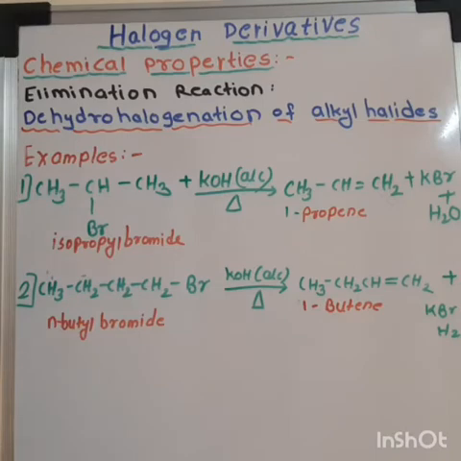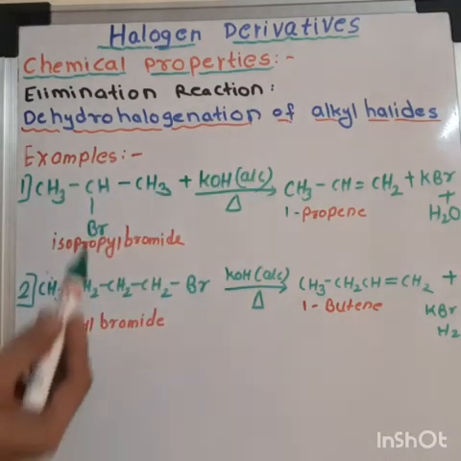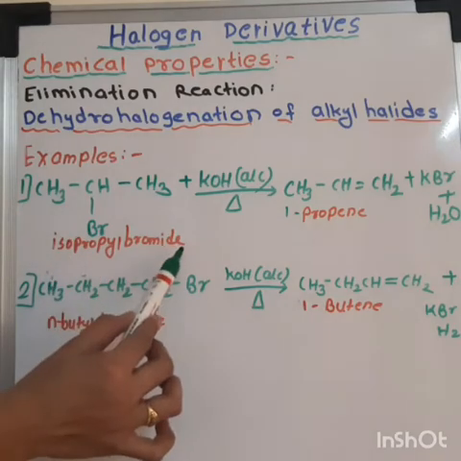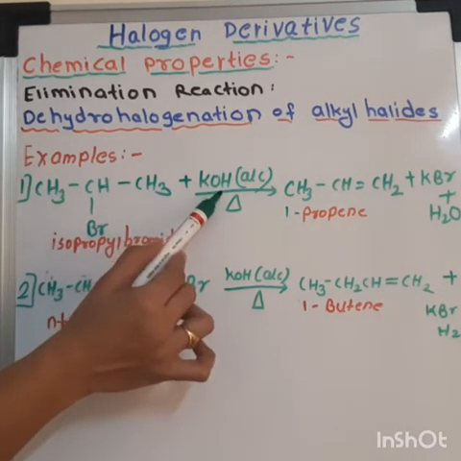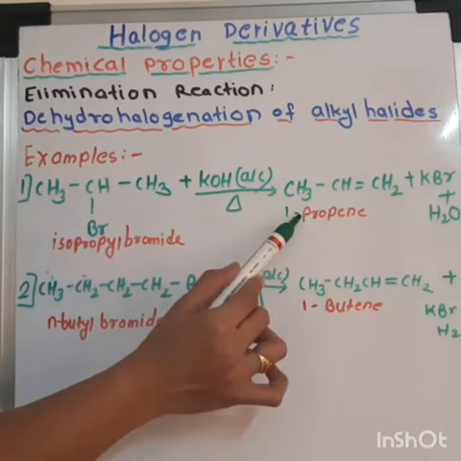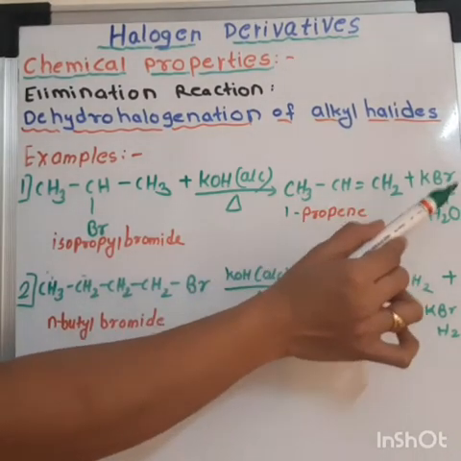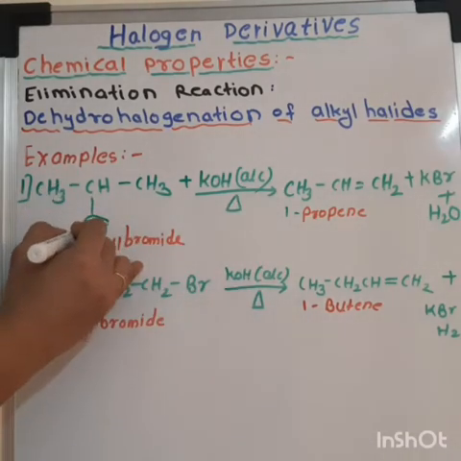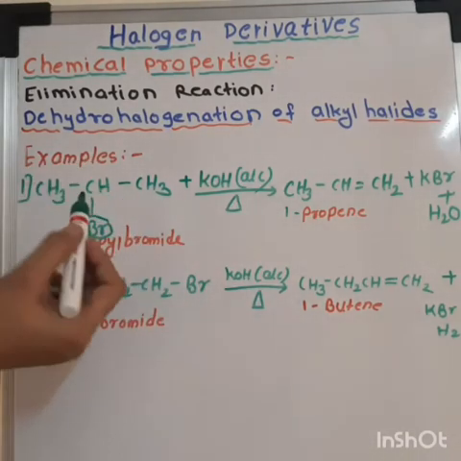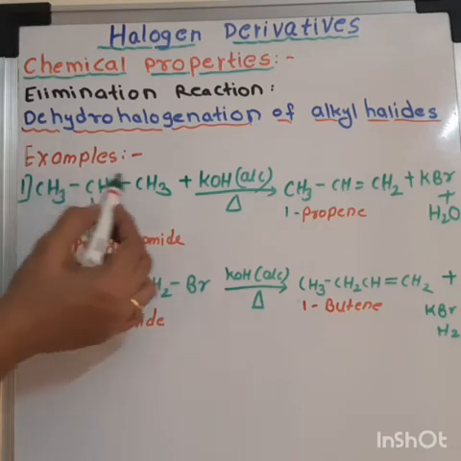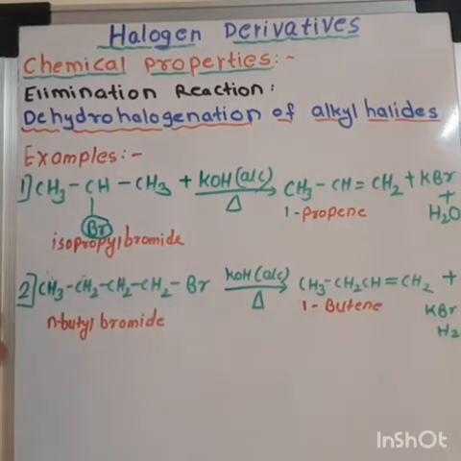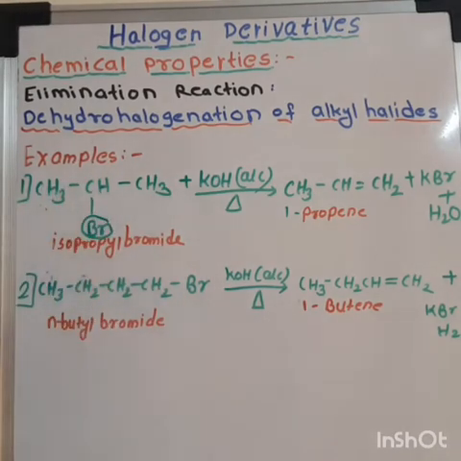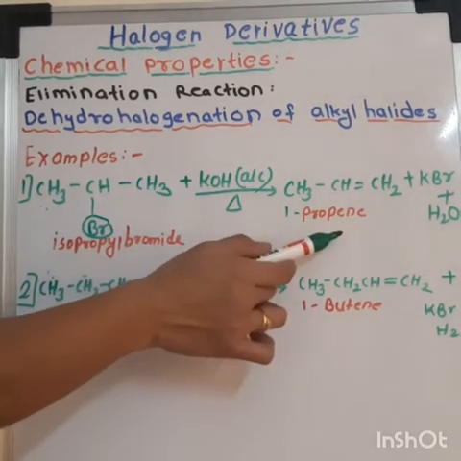Let's see the examples of dehydrohalogenation of alkyl halides. First example, when isopropyl bromide is boiled with alcoholic KOH, it will give the product 1 propene plus KBr plus H2O. So in this reaction, the halogen atom from the alpha carbon and a hydrogen atom from any one of the beta carbon atoms, either from this carbon atom or from this carbon atom, is eliminated to give the product 1 propene.